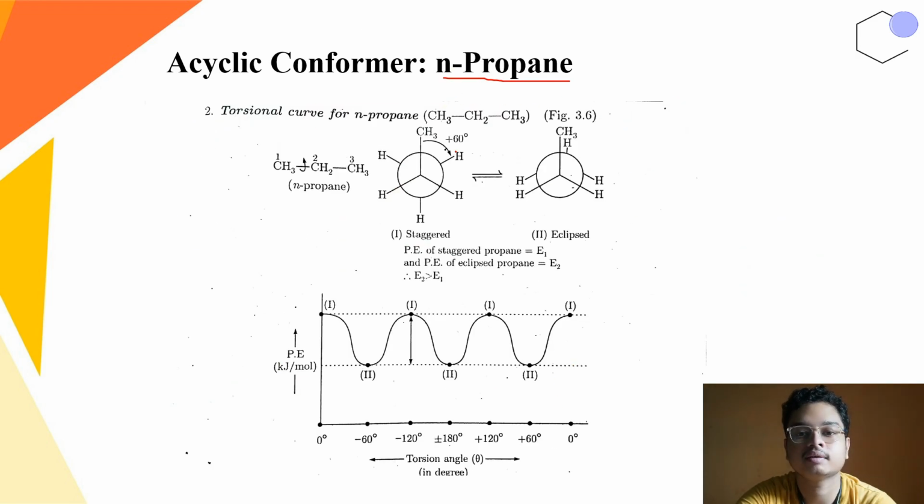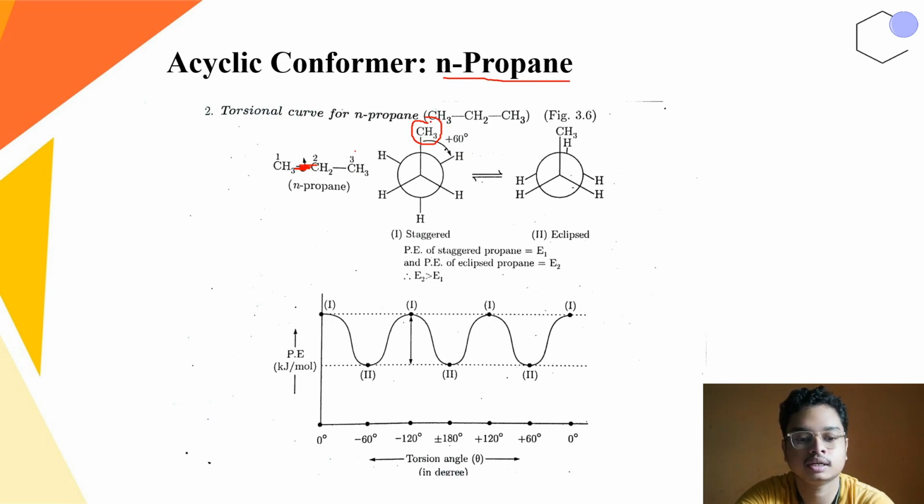N-propane is a slightly twisted compound, where this particular hydrogen can be replaced by a methyl group, and here we show the rotation between these two carbon centers.